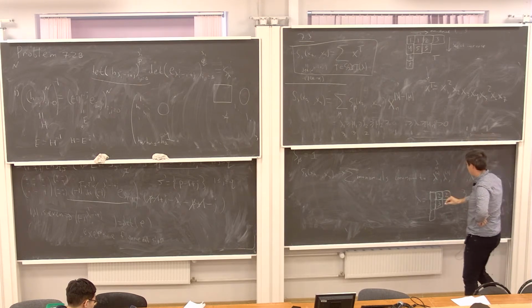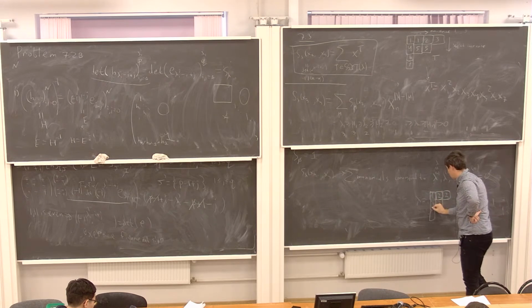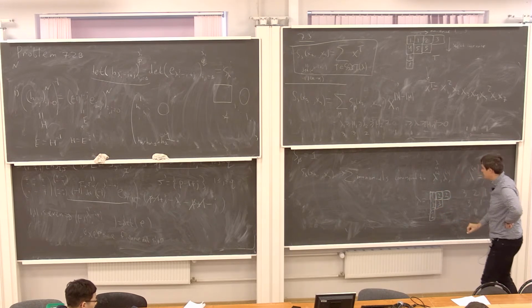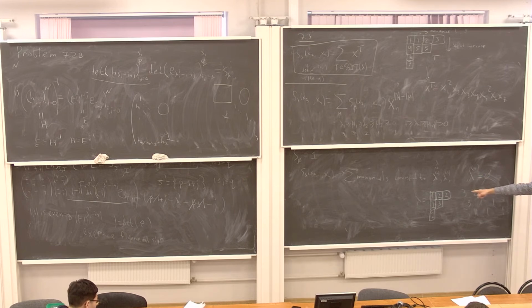Therefore, in the last step you put 1, 1, 1, and you get a semi-standard Young tableau. Or maybe transposed.